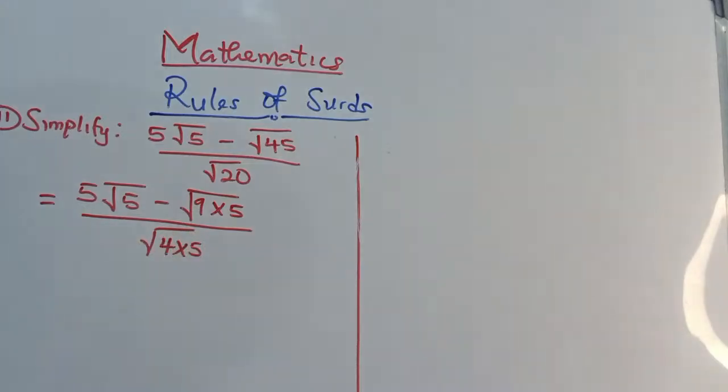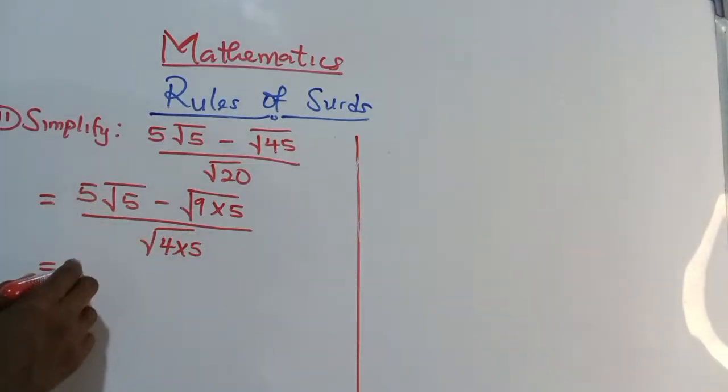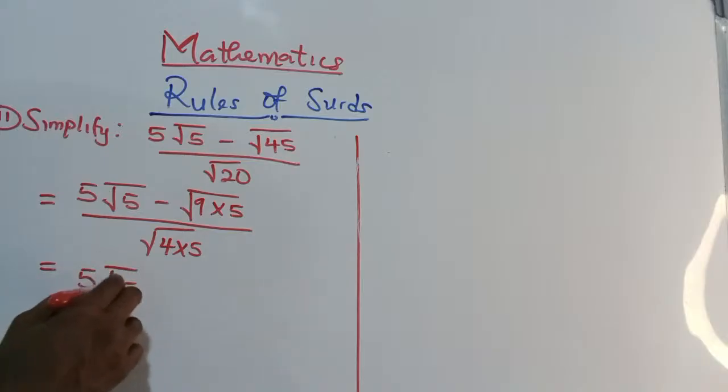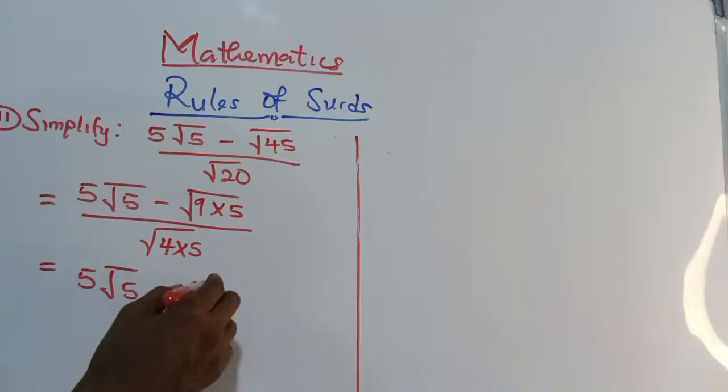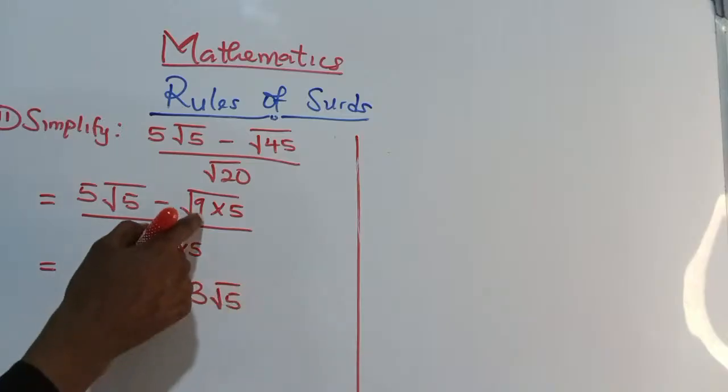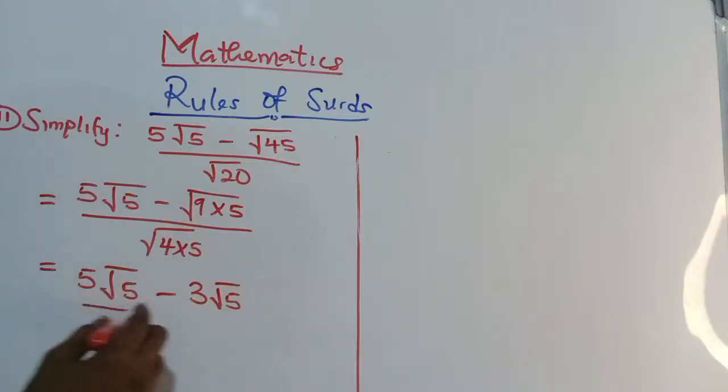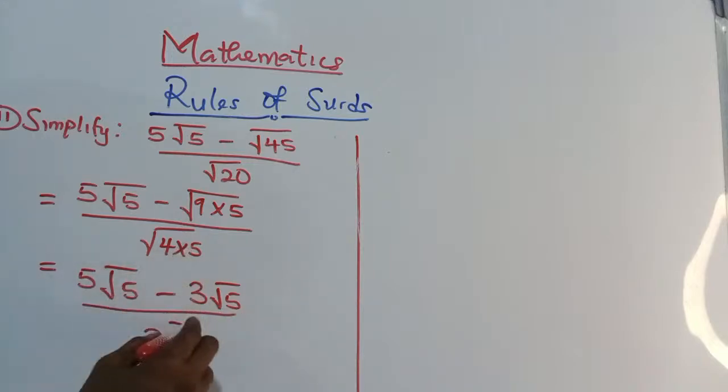Okay, so we have 5 root 5 minus square root of 9 is 3. That gives 3 root 5. All right, so square root of 9 is 3, and that's 3 over square root of 4 is 2, and that's 2, then we have root 5.